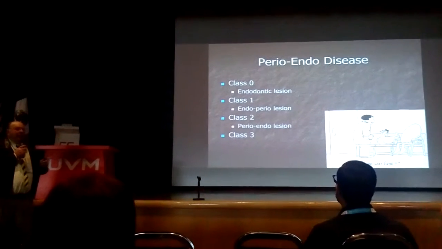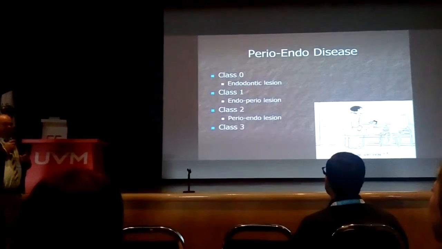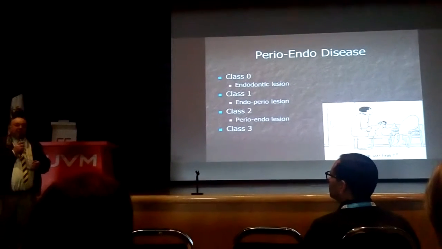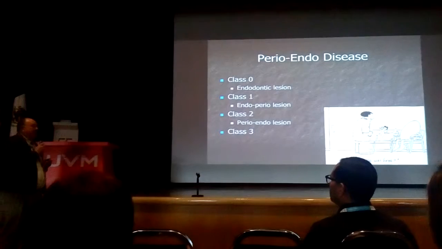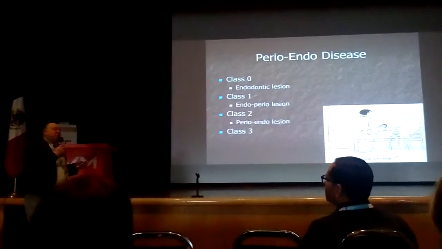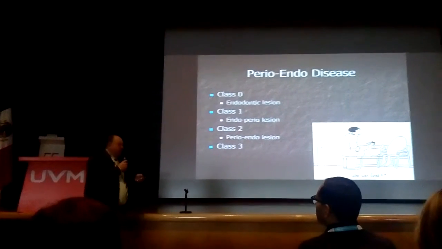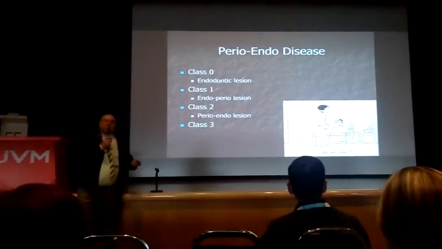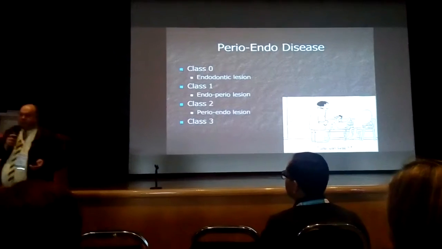You'll see why it's called that in a second. And then a class 3 is just said a class 3 for various reasons, which I'll explain in a second. Because we do not know which came first. So it's like the chicken or the egg. Which was the first? We don't know.